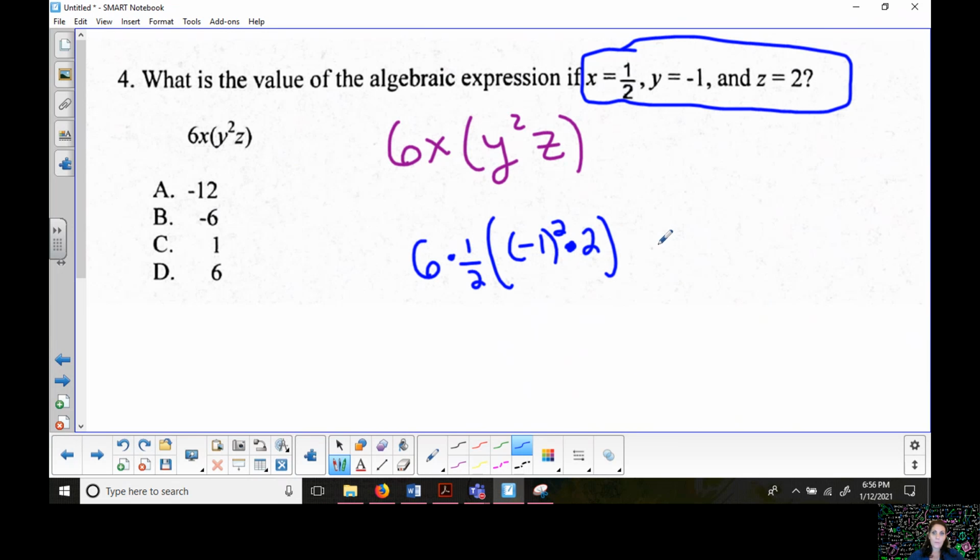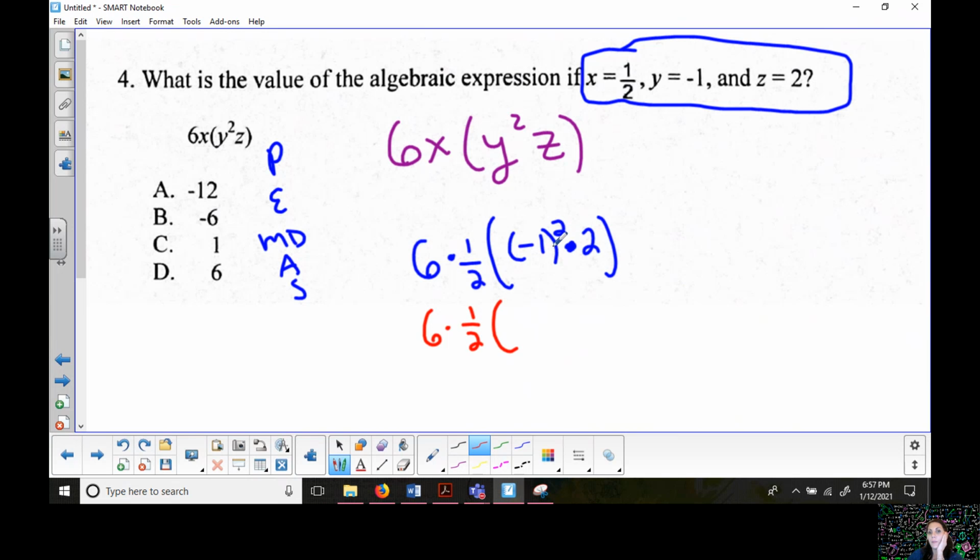Okay, so we know PEMDAS. First thing we're going to do is parentheses, which is here. And now inside these parentheses, we have exponents. So you still have to follow PEMDAS inside parentheses. So 6 times 1/2.